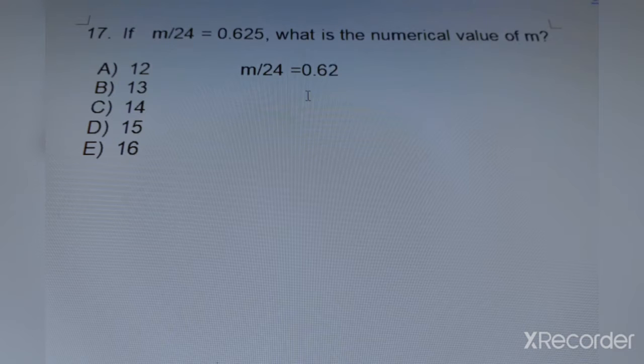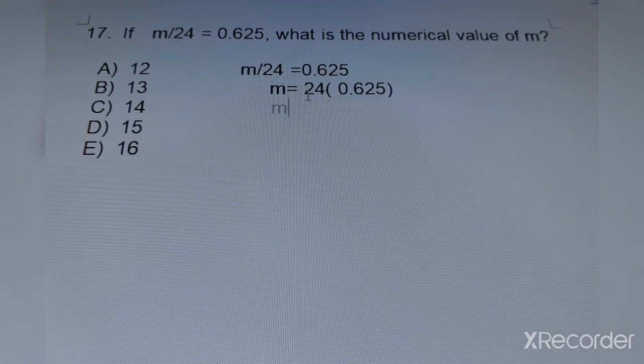So to get the value of m, just cross multiply. Multiply 24 by 0.625. Then get the product.